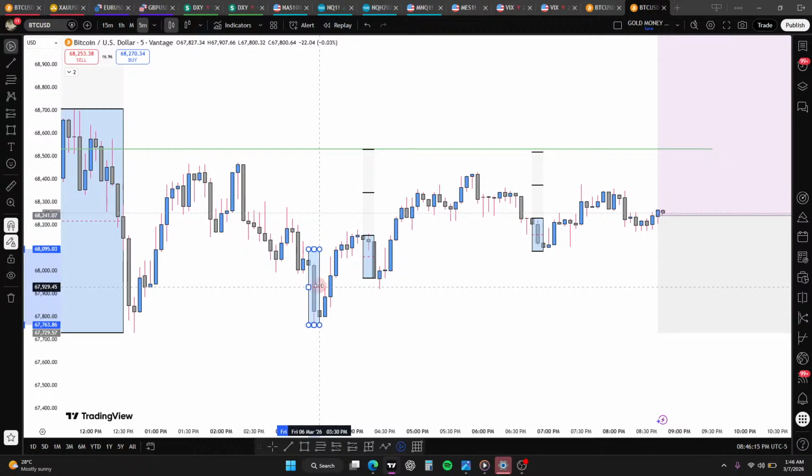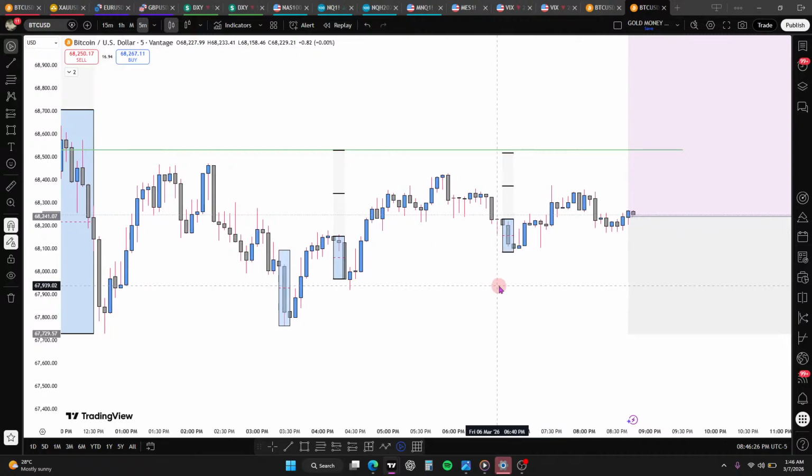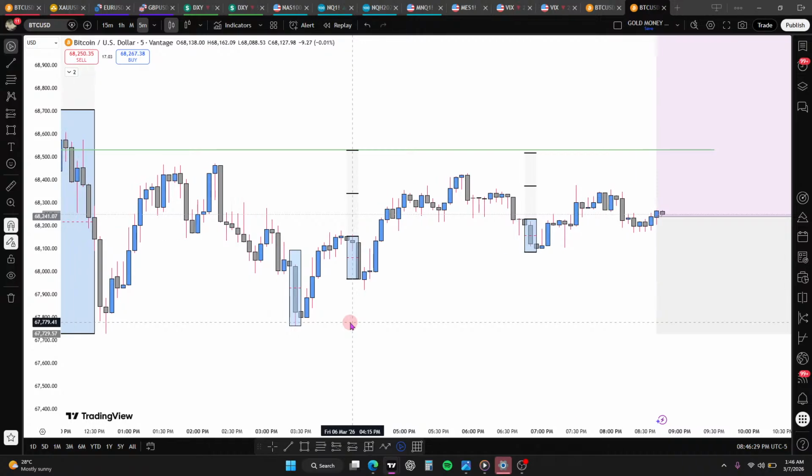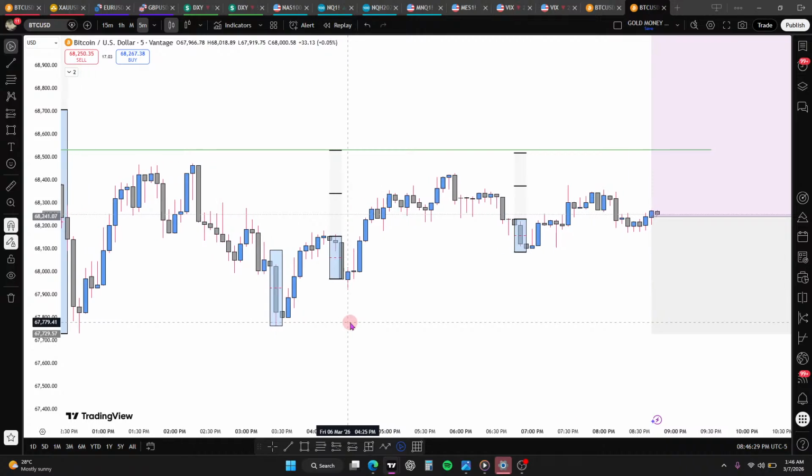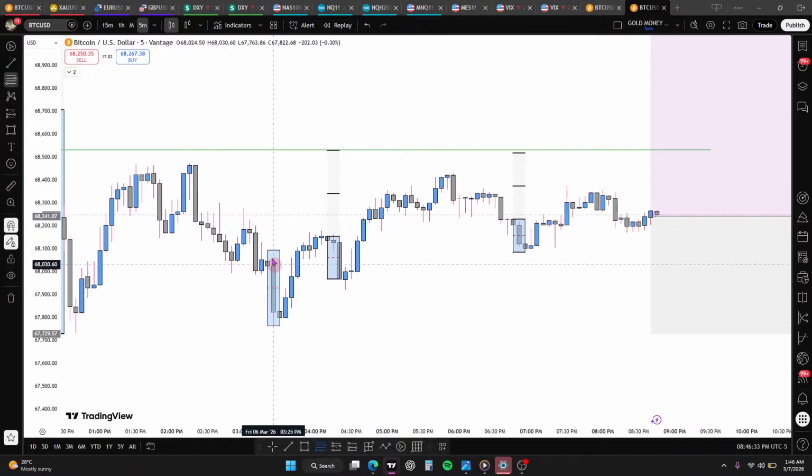So we essentially have a propulsion block here and another, and that's basically a propulsion block squared. This is crazy. I didn't notice this initially. But now these are our projections.